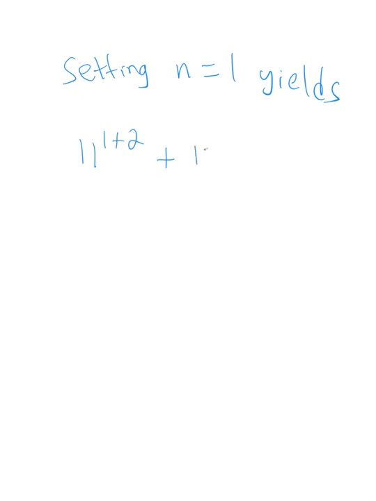So, setting n equal to 1 yields 11 to the 1 plus 2 plus 12 to the 2 plus 1. So we have to somehow make this something times 133.